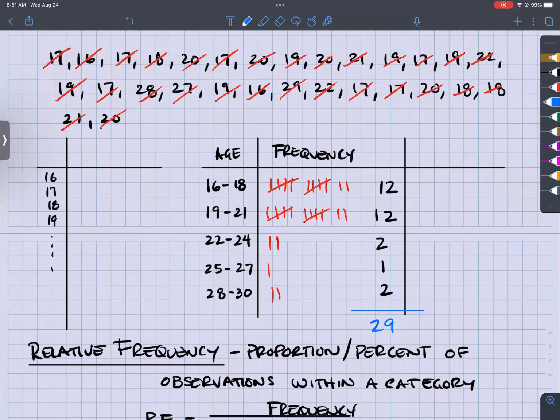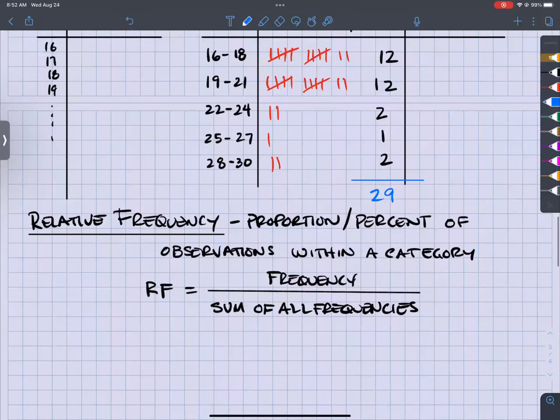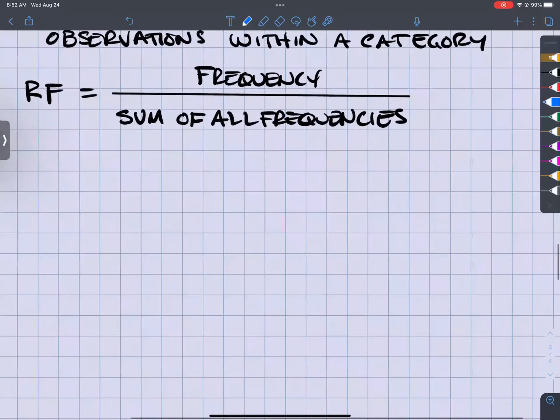So always double check. You want to make sure that there is actually 29 in here. Let me see, 2, 4, 6, 8, 10, 12, 14, 16, 18, 20, 22, 24, 26, 28, 29. Perfect. I do.